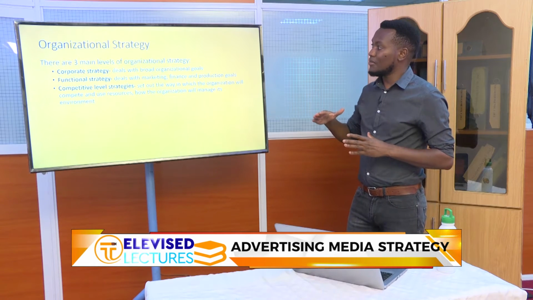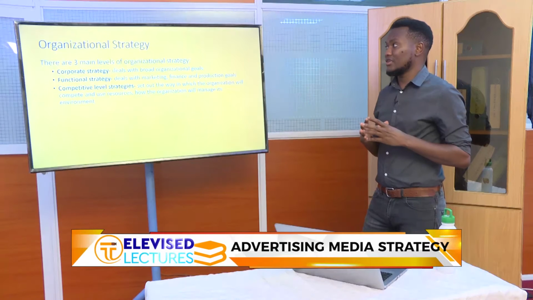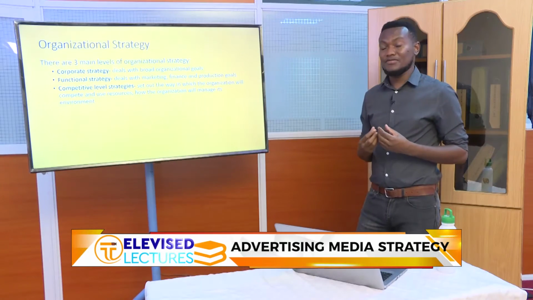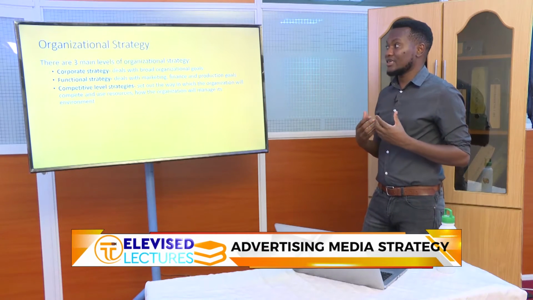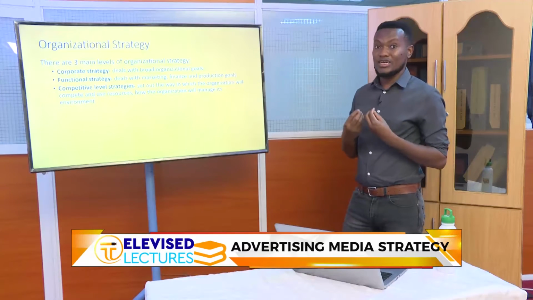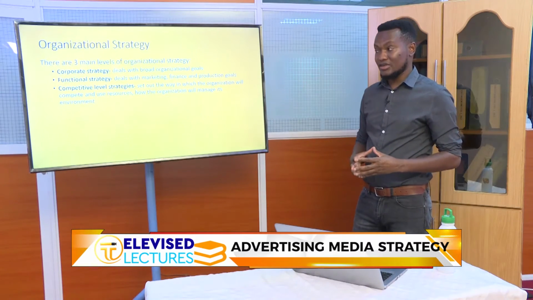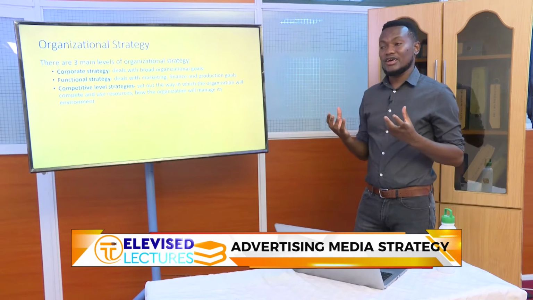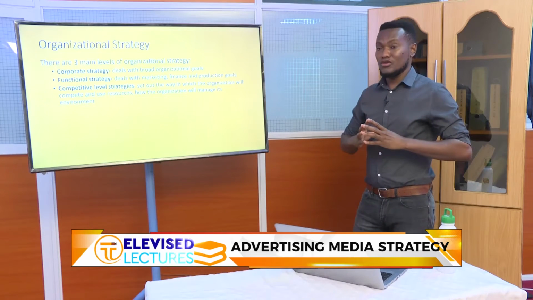But you're looking at a broad kind of goal where the corporate strategy is aiming at changing society by impacting people's lives, giving them skills, giving them knowledge, inculcating certain values or certain attitudes that will better society. So that is what you call corporate strategy. It's a more abstract, overarching goal that corporate organizations do have.